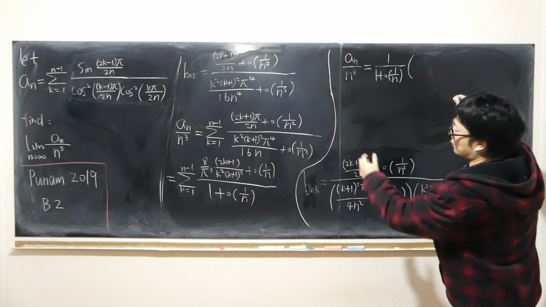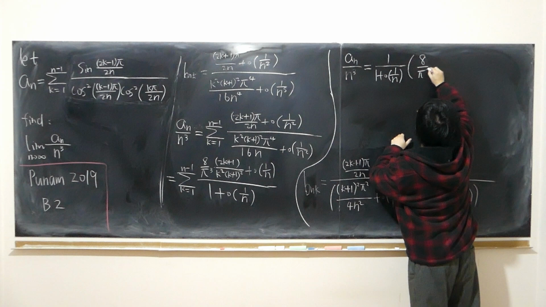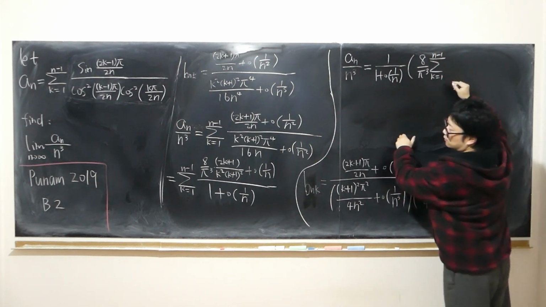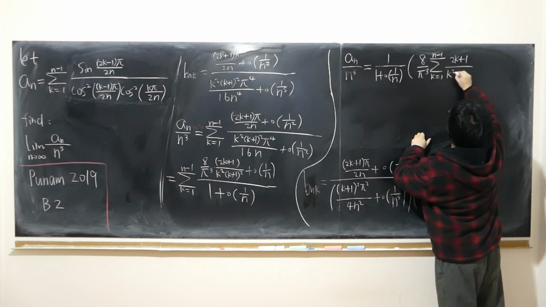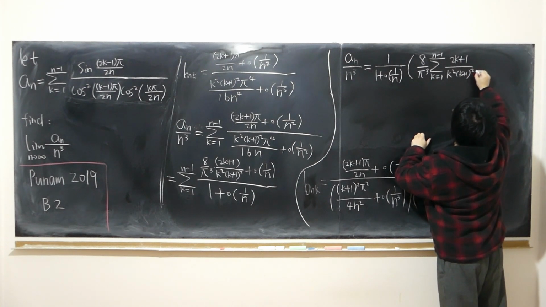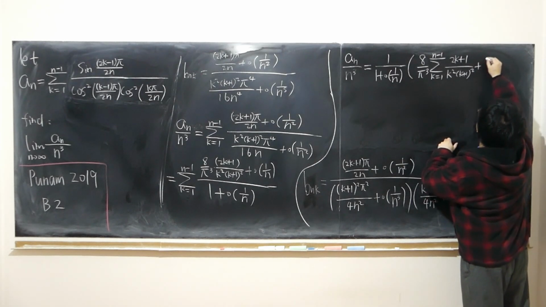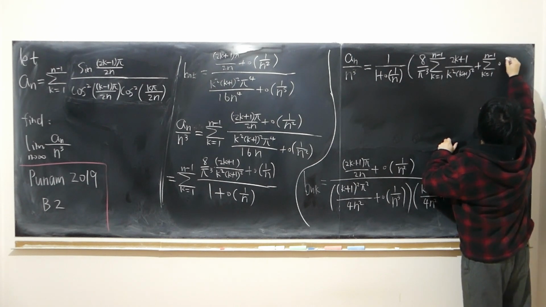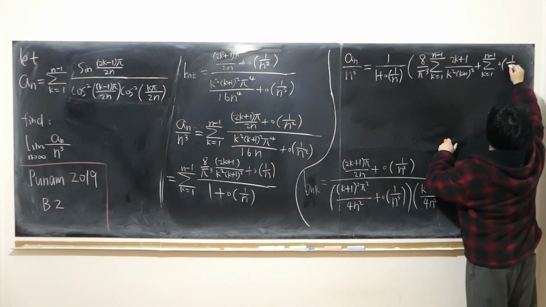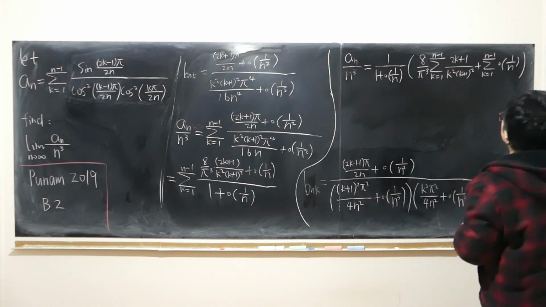This sum, factor out the constant. This sum is just 2k plus 1 over k squared, k plus 1 squared. The other sum is little o, 1 over n.